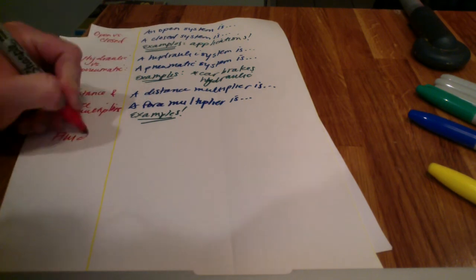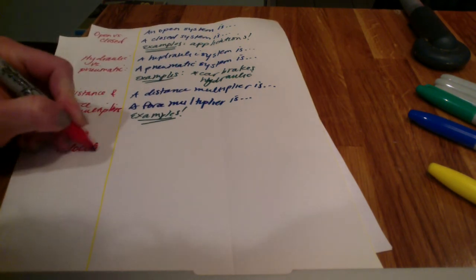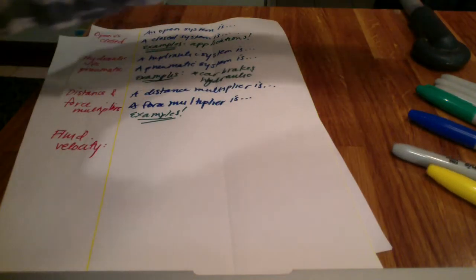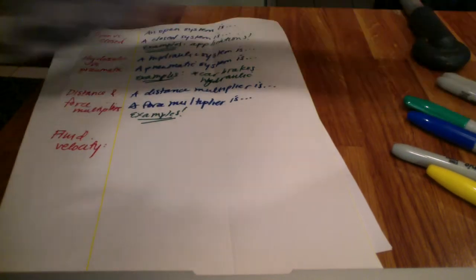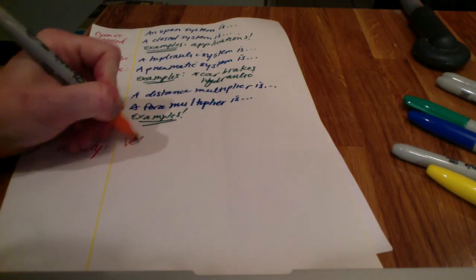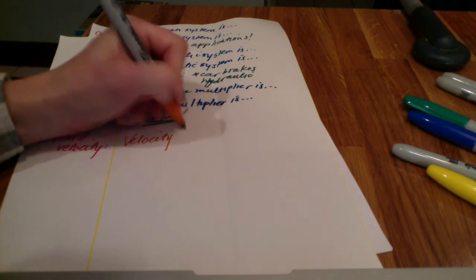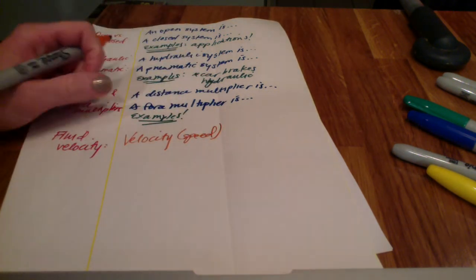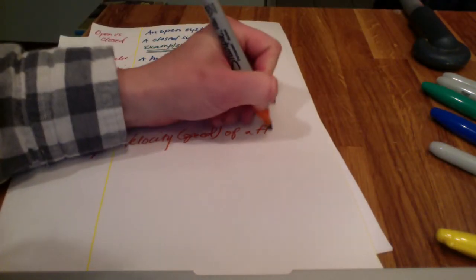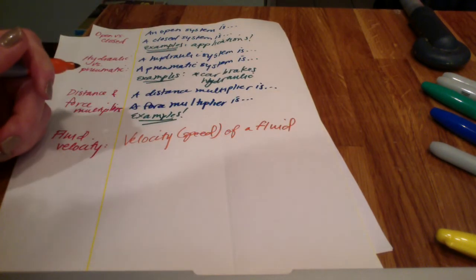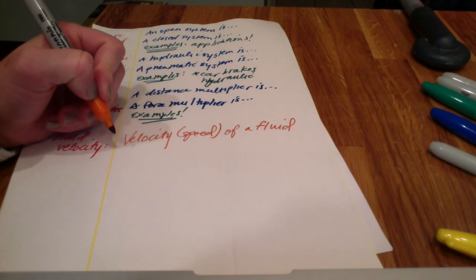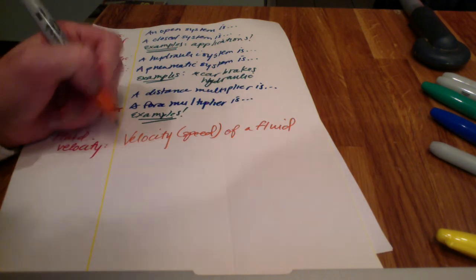So, fluid velocity. All right. The velocity of the fluid moving in a pipe. And again, velocity is nerd for speed. Velocity of a fluid speeds up, so it will go faster in a wider pipe.